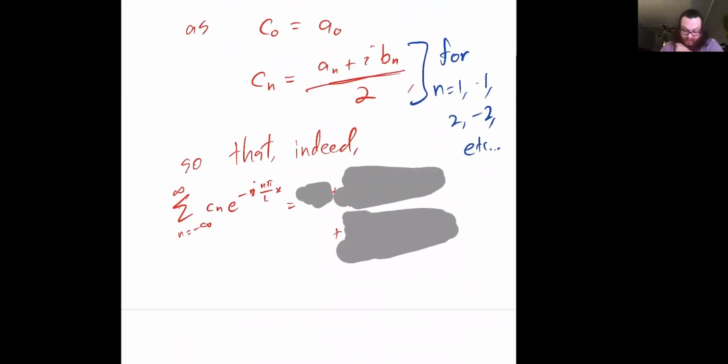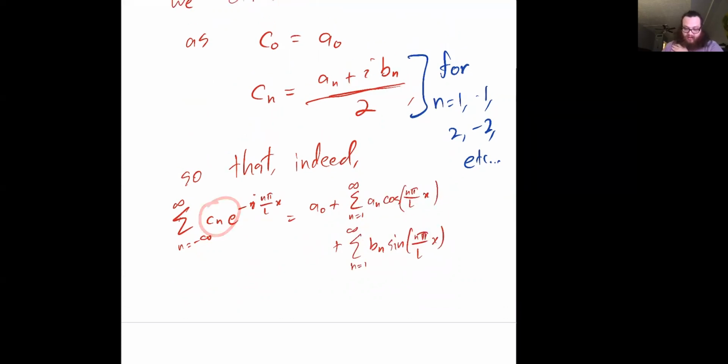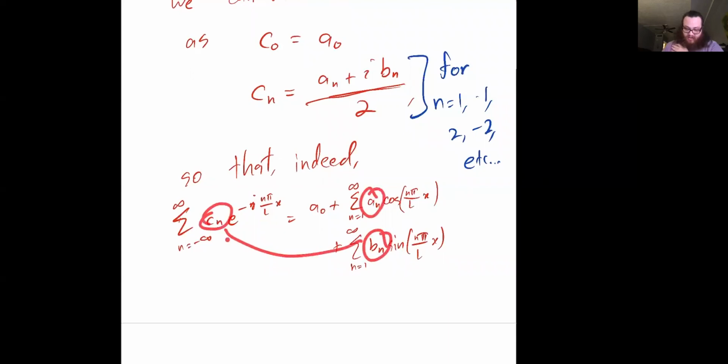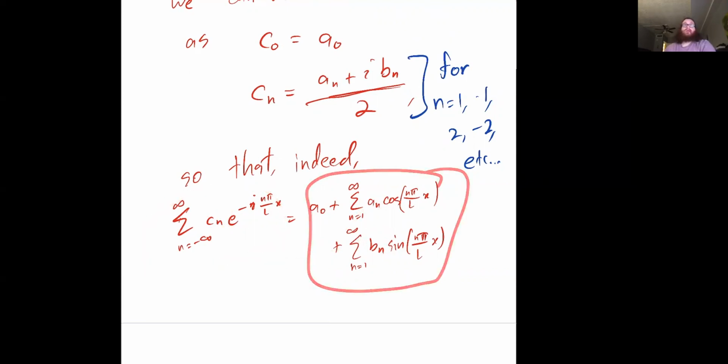So with all this in mind, the sum of C sub n e to the minus i n pi x over L comes A sub 0, some of that plus some of that, where these C sub n are defined in terms of A sub n and B sub n. So we've got a one-to-one correspondence between the complex form and the real form.